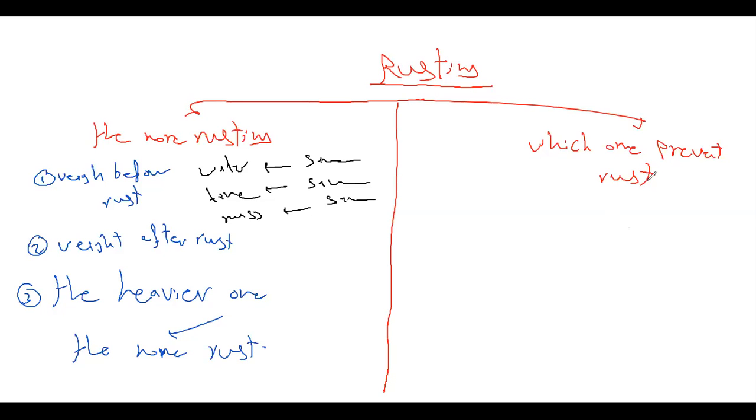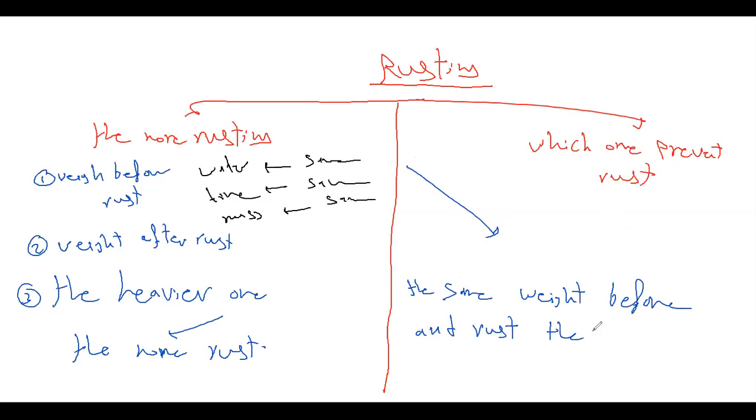Which one prevents rust? The same weight before and after rust is the best inhibitor.